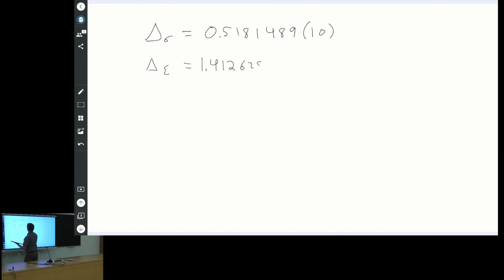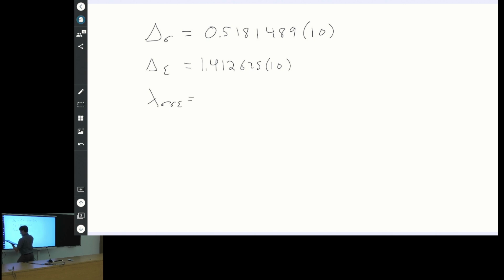Just to give some numbers, this approach has allowed us to determine delta sigma to the 6th decimal place, delta epsilon to the 5th decimal place, and has also given very precise determinations of the leading OPE coefficients.